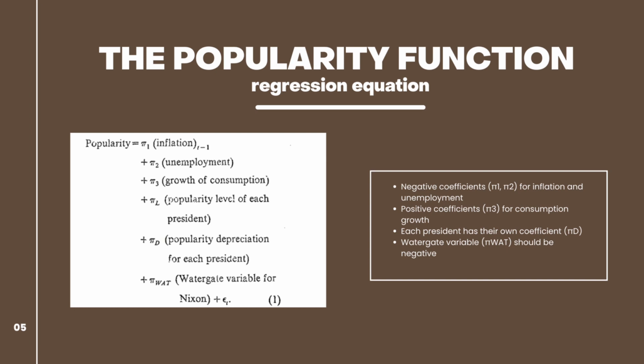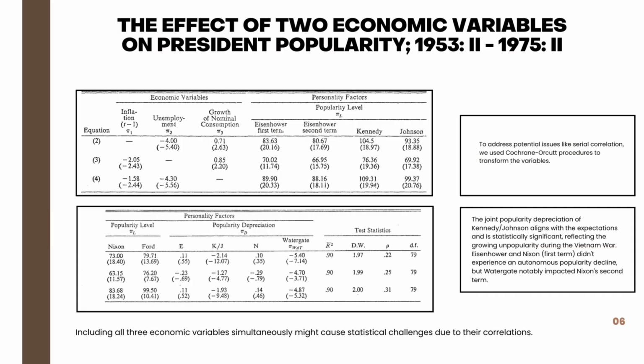Each president has their own coefficient, pi d, and the Watergate variable pi WAT should be negative. Price changes are considered with a one-quarter delay, assuming consumers take some time to realize changes in the inflation rate. This is the regression of the effect of two economic variables on presidential popularity from 1953 to 1975.